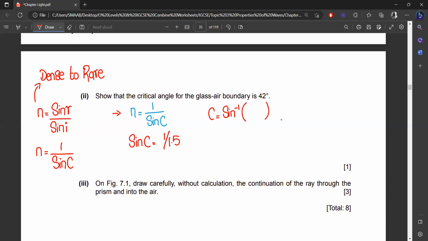Yes, it's giving 41.7. Okay. Sine inverse 0.6. So it is 41.7, rounded to 42.